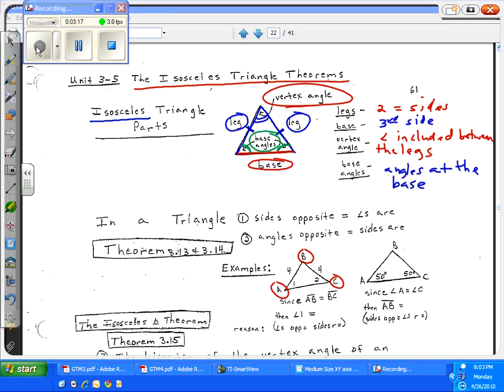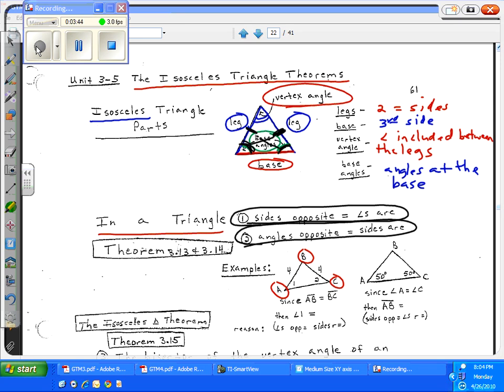Now, as we've marked here, if two sides of a triangle are equal, then the angles opposite are equal. The base angles of an isosceles triangle are equal. So angles opposite equal sides are equal, or vice versa, sides opposite equal angles are equal.